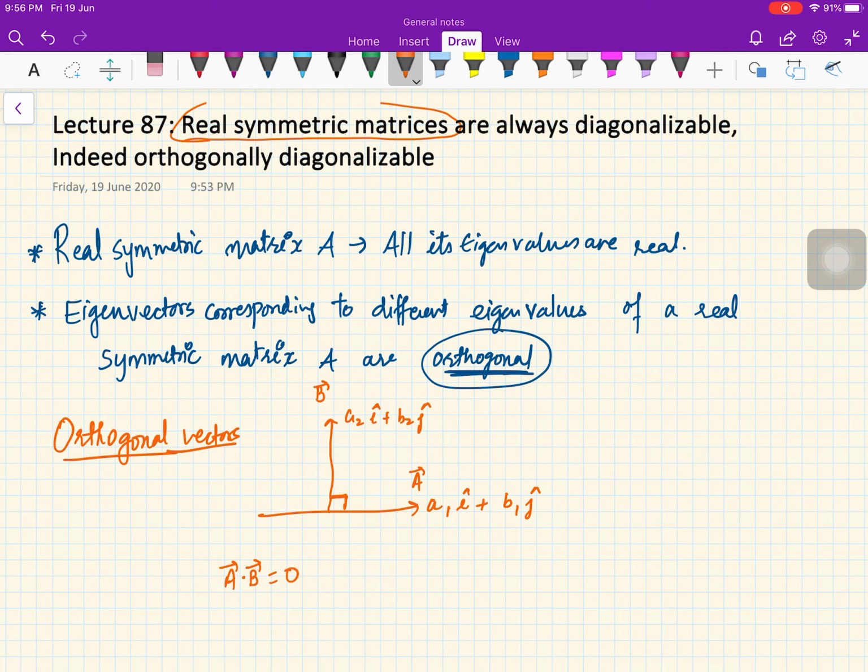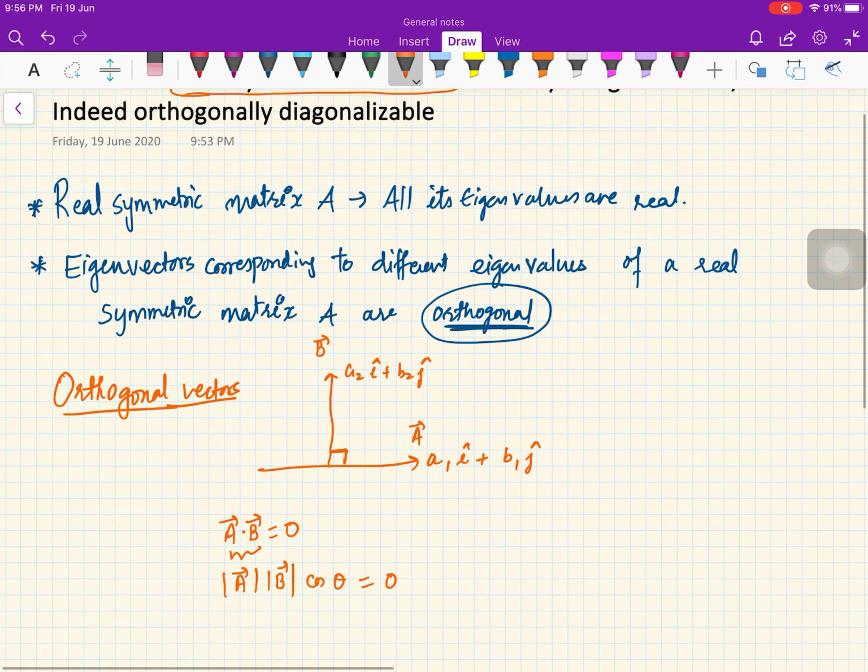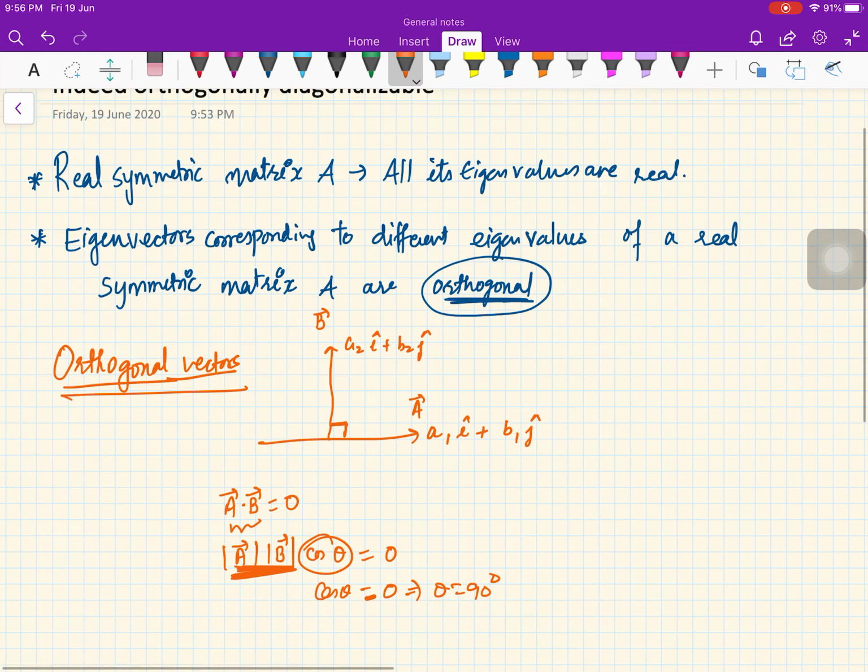Dot product is defined as the magnitude of A, magnitude of B into cos of the angle between them. Because these are non-zero vectors, the magnitudes are non-zero, therefore cos theta is 0, which implies that theta is 90 degrees. So orthogonality means perpendicularity.